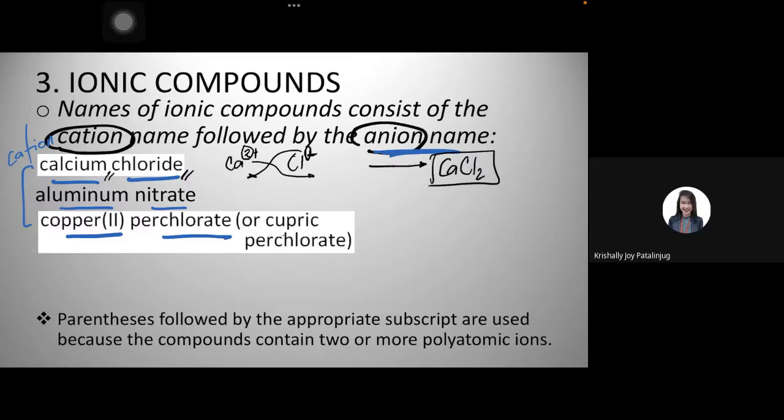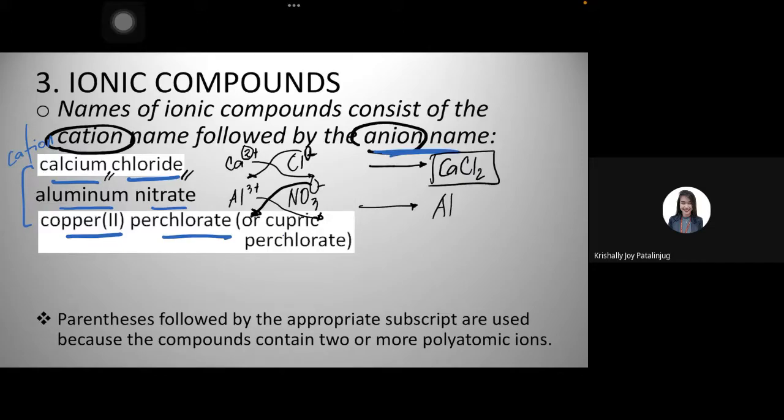Next, aluminum. Aluminum is Al3 plus and nitrate is NO3 negative. So crisscross method, try to observe what happens. Aluminum, no subscript because nitrate here has a charge of only -1.